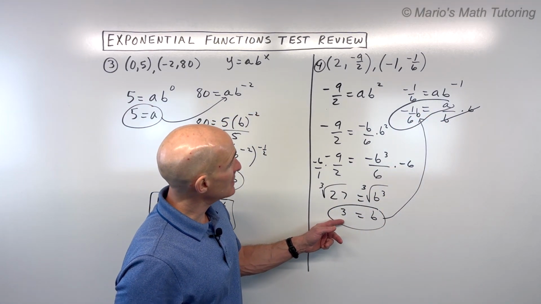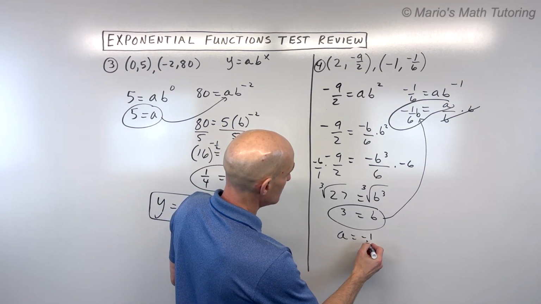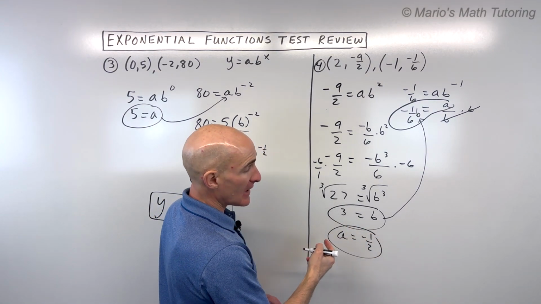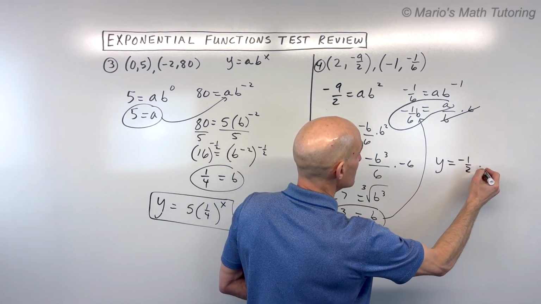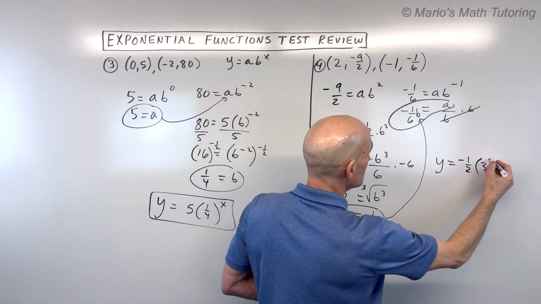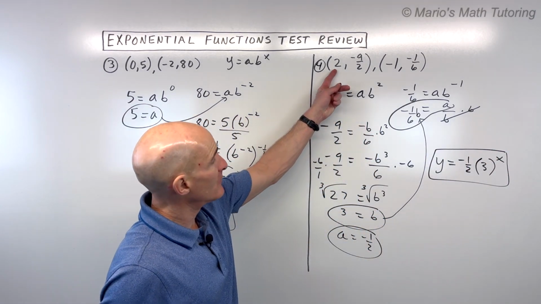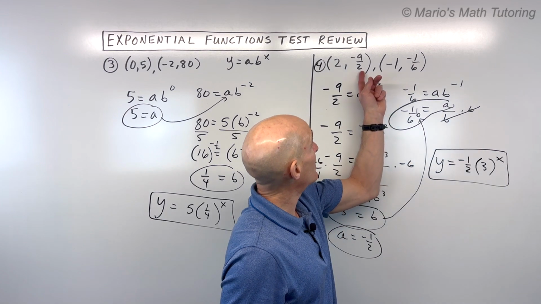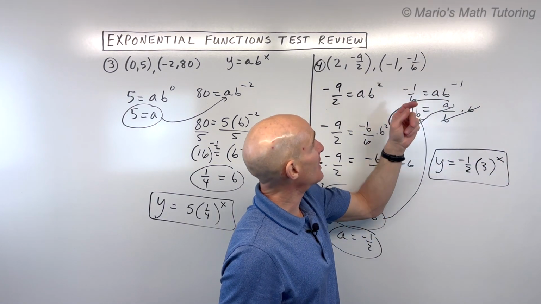So that's going to be negative 3/6, which is negative 1/2. Okay, now we have our a and b. Let's put our equation back together. So we have y equals negative 1/2 times b, which is 3, to the x power. Now again, if you want to check your work, plug in 2, and you get back the negative 9/2, and if you plug in negative 1, you get back the negative 1/6.